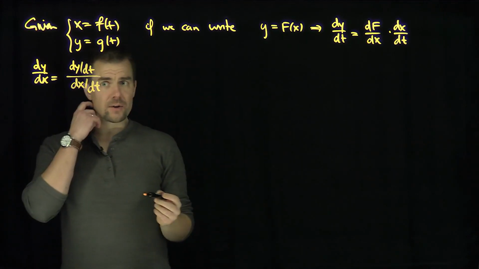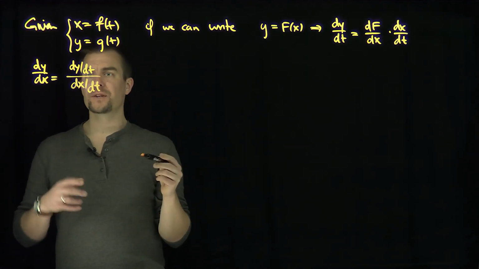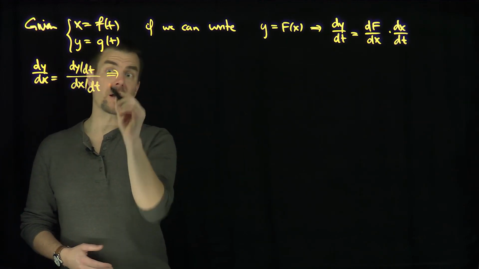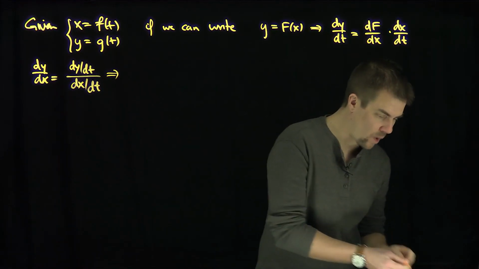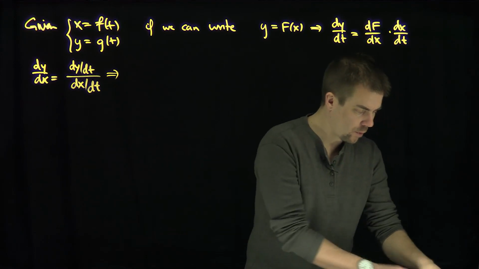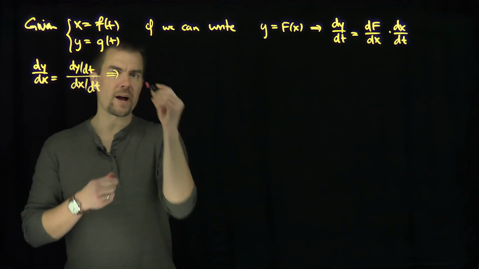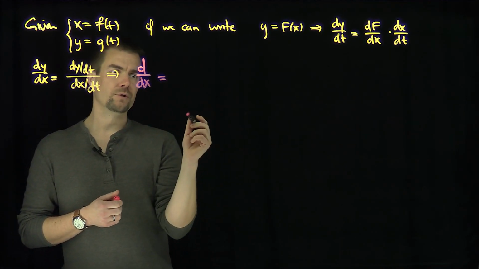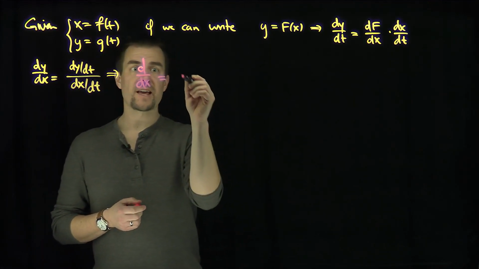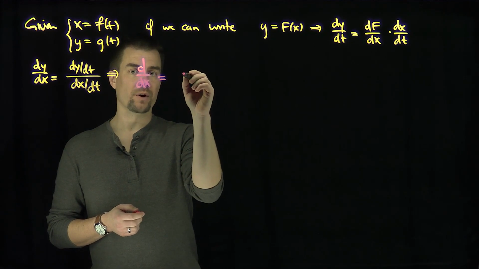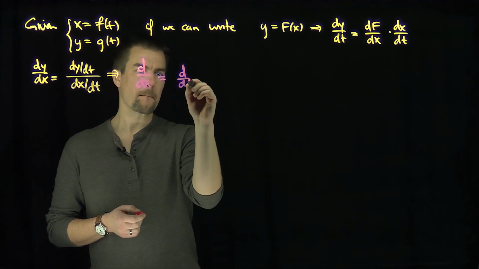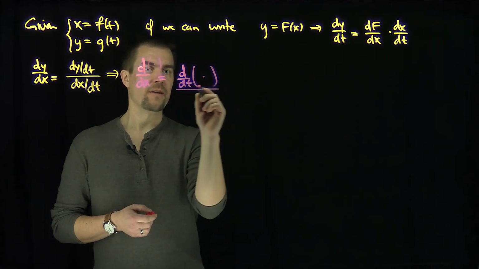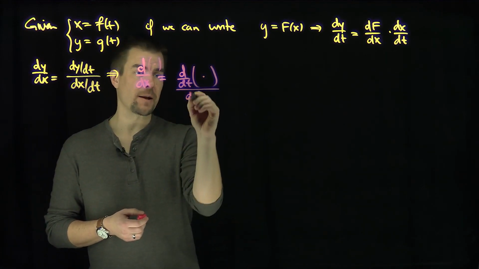Now, what this tells me is, I'm going to write this symbolically to help us figure out why the next result is true: in order to do an x derivative is equivalent to taking a t derivative of whatever you input, and then dividing that result by dx dt.